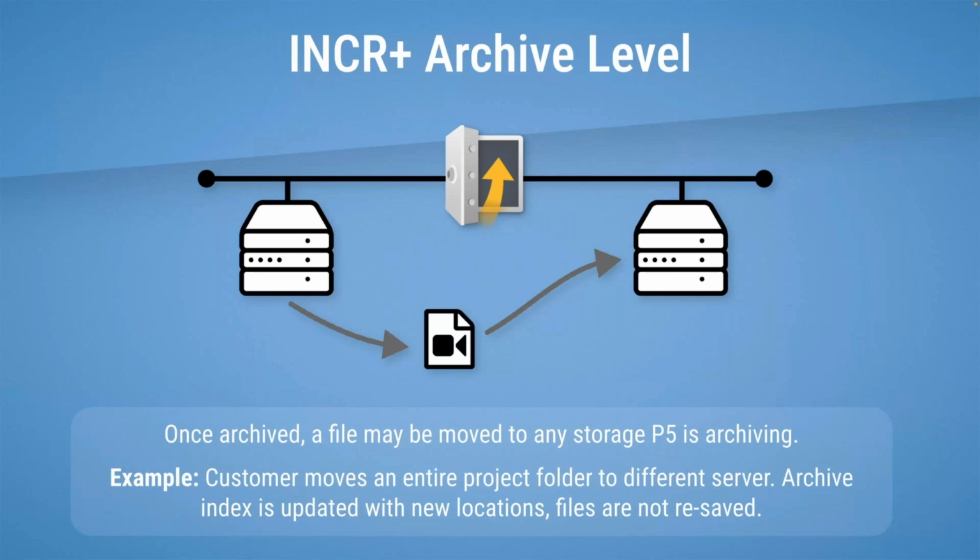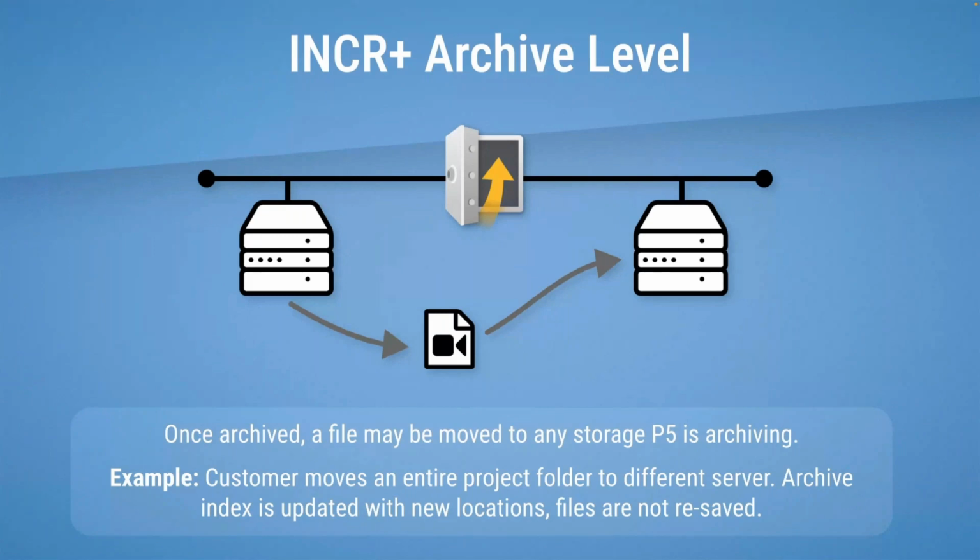So this is something that previously wasn't possible. P5 archive was able to do an incremental archive, and this meant that if a file had already been archived and was tracked in our index at a particular location, then providing that file didn't change, it wouldn't be re-archived when you did an incremental archive.